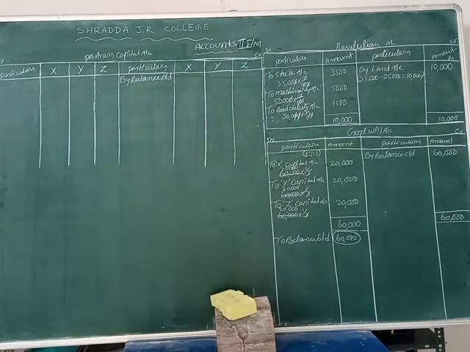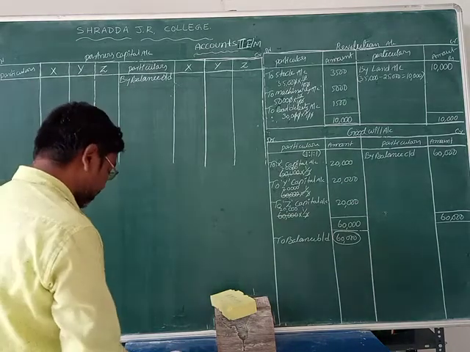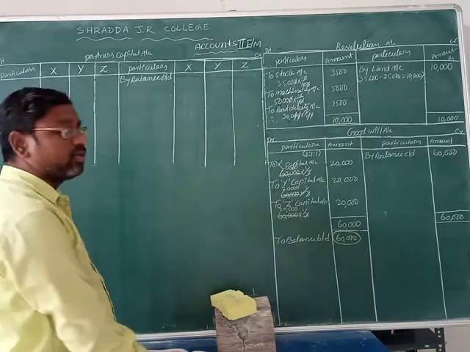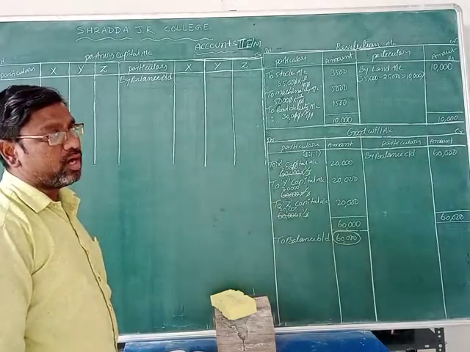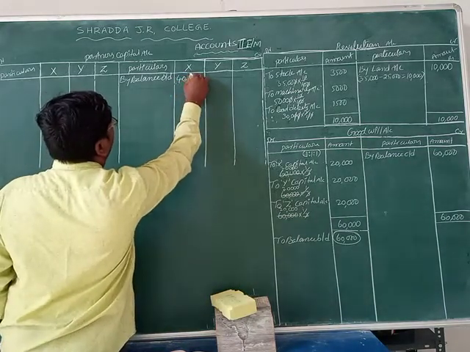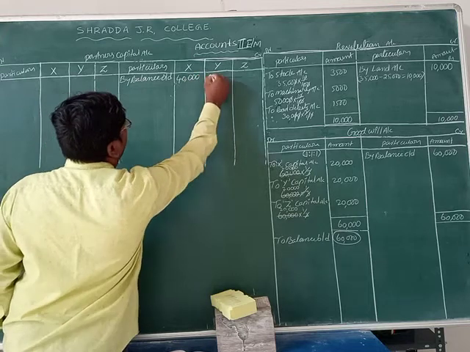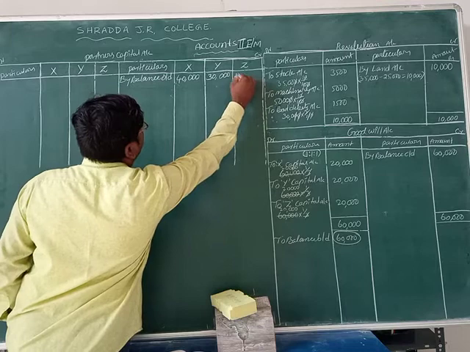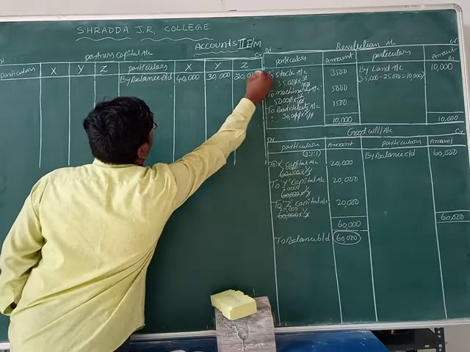What are the capital amounts of X, Y and Z? Let us see. X value 40,000, Y value 30,000, and Z value 20,000. Now we write here X value 40,000 rupees, Y value 30,000 rupees, and Z also 20,000.